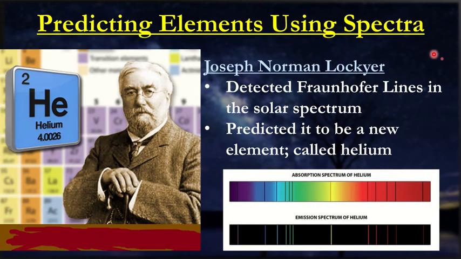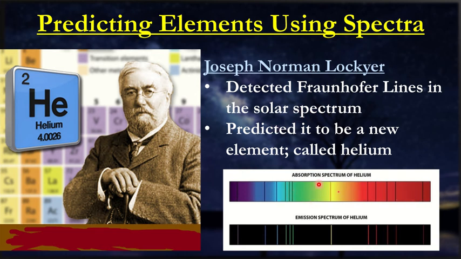And so the first person that actually used spectra to help identify an element of the periodic table was Joseph Norman Lockyer. Finally, there's a name of a scientist I can pronounce properly. He detected the Fraunhofer lines in the solar spectrum, and he found these particular lines here.